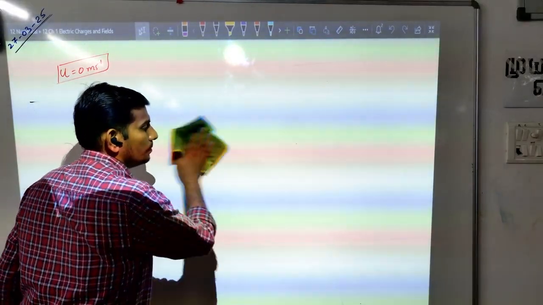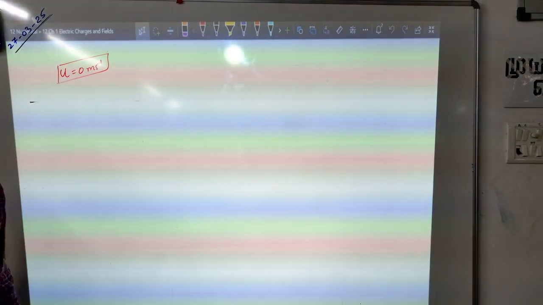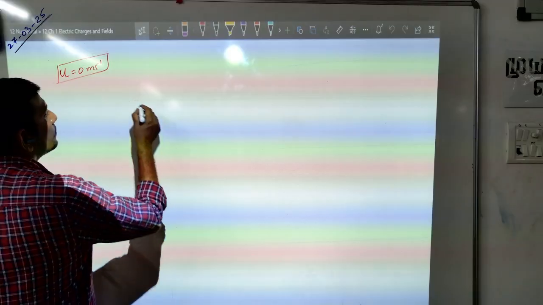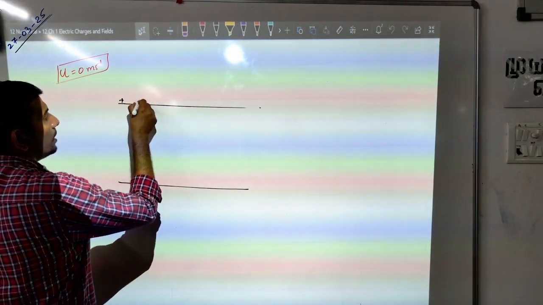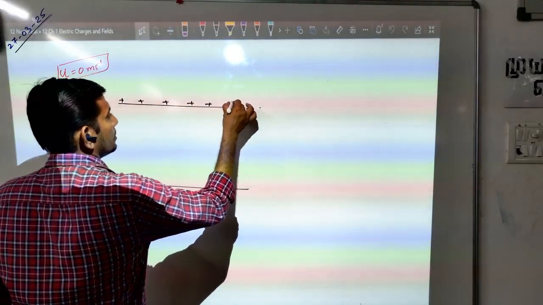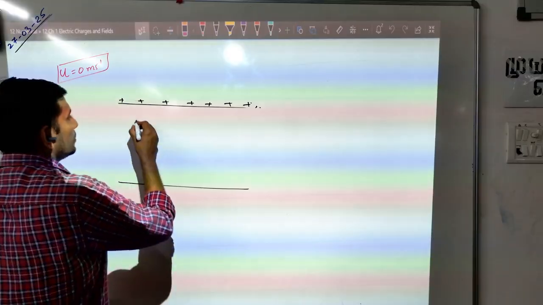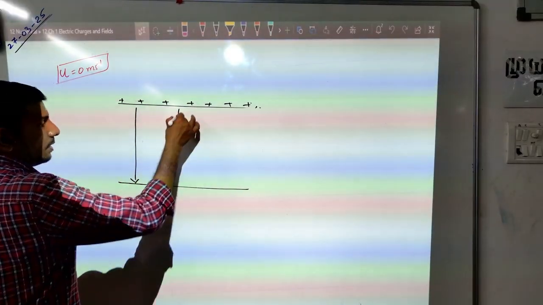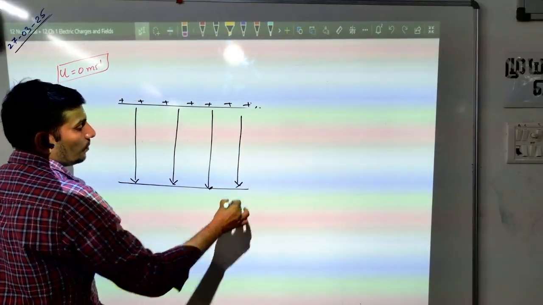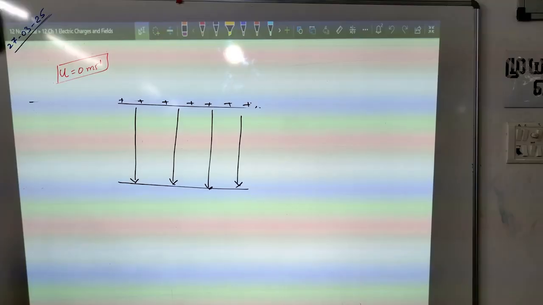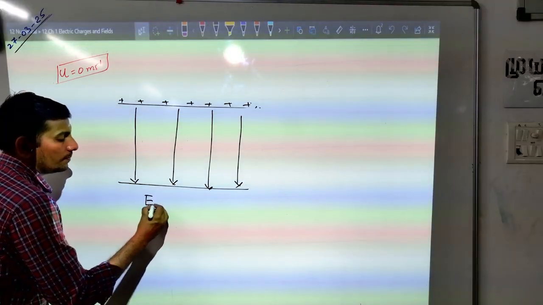Now let's assume a metal plate here. On the metal plate, you have a lot of charge. So you have electric field lines emanating from this metal, the direction of the electric field.